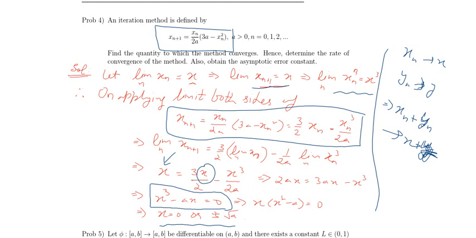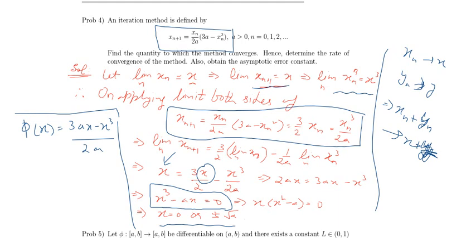Now look at phi of x. What is phi of x? You have 3ax minus x cube by 2a, which is certainly continuously differentiable as many times as you want. Also, what is phi dash of x? It is 3a minus 3x square by 2a.